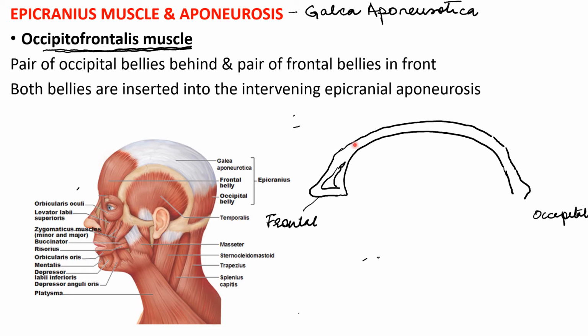This is the outer vault of the cranial bone, and this is the inner vault, and in between let's put the diploe again, the cancellous bone which is present out here.